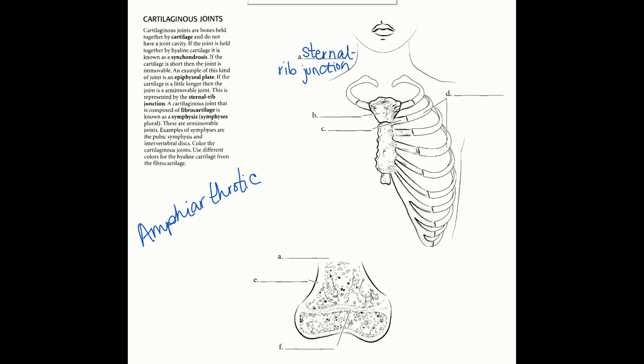The sternal rib junction is an example of a synchondrosis. Now I just realized, even though this is the sternal rib junction, A is referring to a synchondrosis. My apologies. This whole thing is the sternal rib junction.